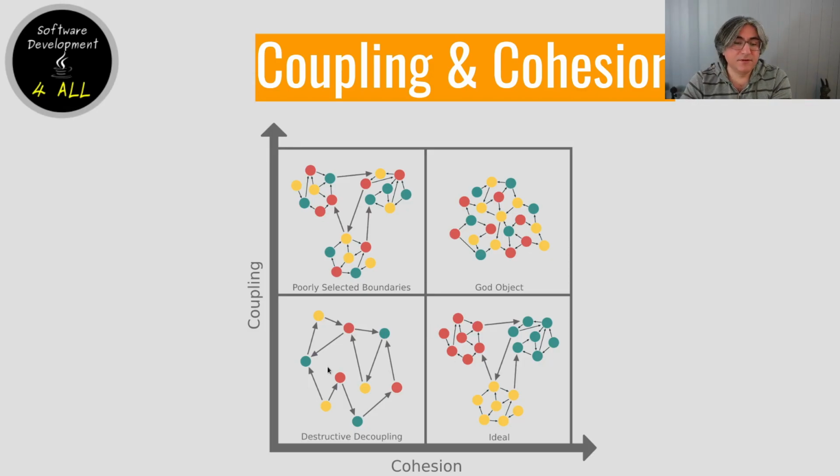When you have low coupling, then the dependency is not circular, but still it's not advisable. So low coupling is better. High coupling and low coupling. So low coupling and high cohesion is the most desirable situation you want to be in.